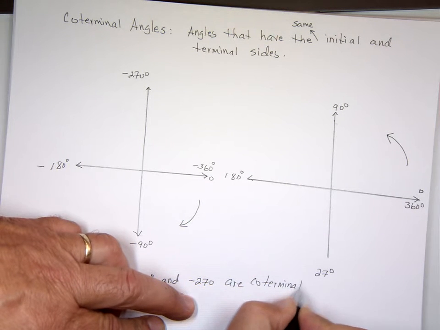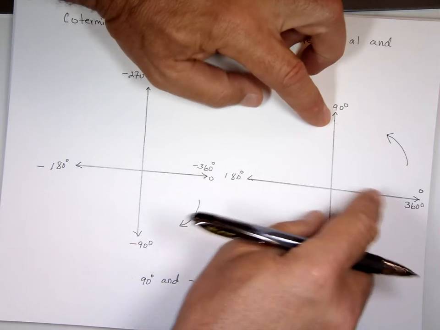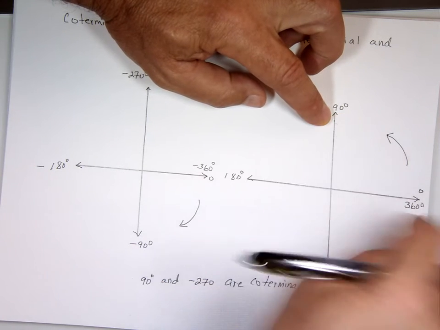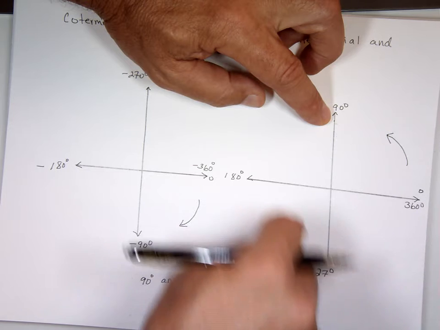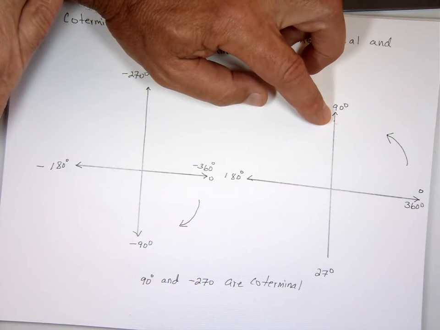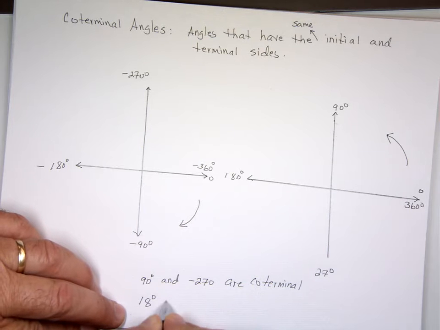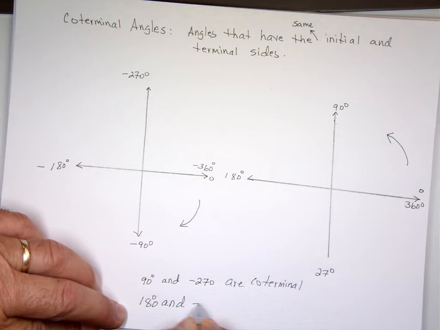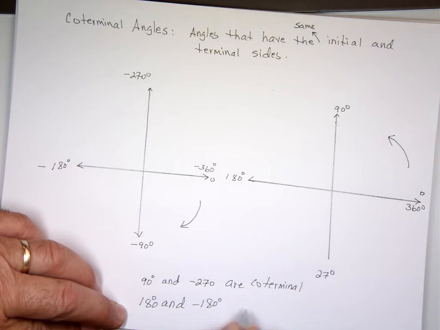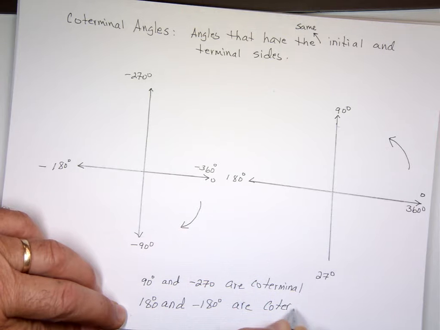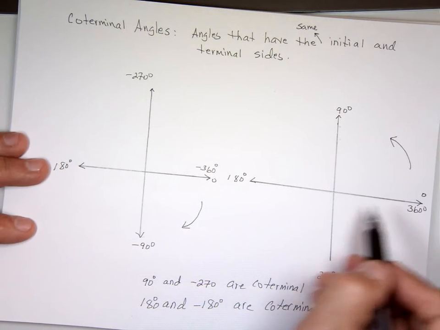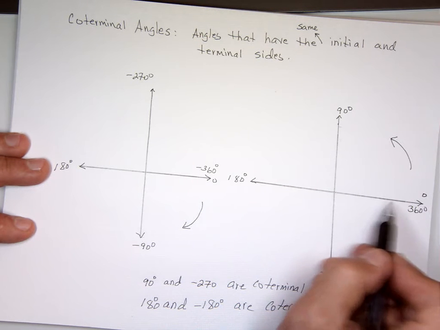You can get to this side by going 90 degrees this way or by going 270 degrees in the other direction. 180 and negative 180 are coterminal. They'll have the same starting point, the same initial side, and the same terminal side.